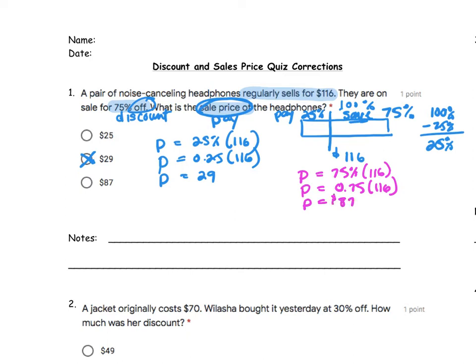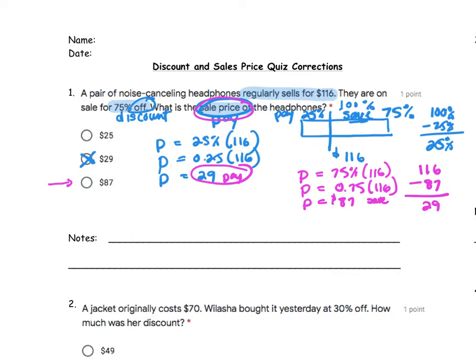Now you're going to notice that that answer is here, but that's the amount we're going to save. And we wanted to know the amount we're going to pay. Sale price is pay. We could still use this $87, but we would have to take $116 minus $87, and that would give us the $29 that we're looking for.